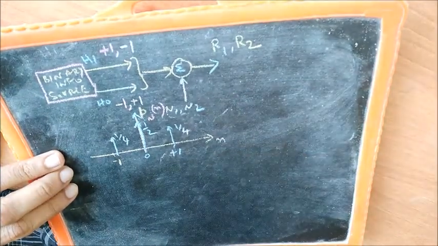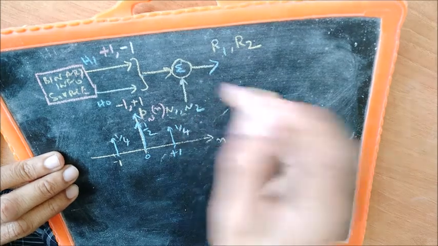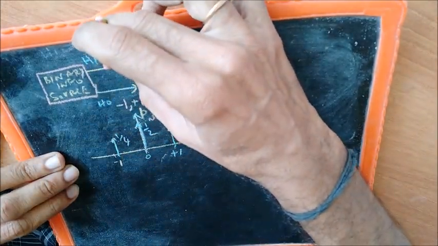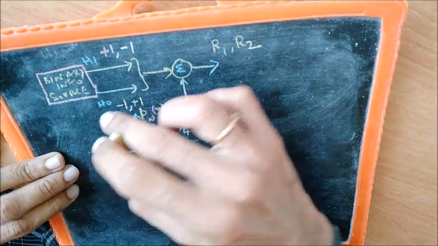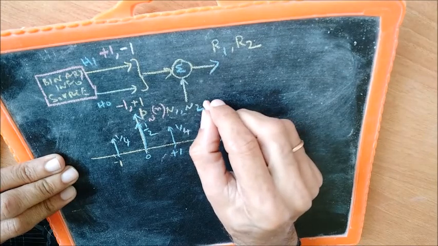So when H1 is the hypothesis, a vector is transmitted, plus 1, minus 1. When H0 is the hypothesis, another vector is transmitted, minus 1, plus 1. So we will represent it as vectors.